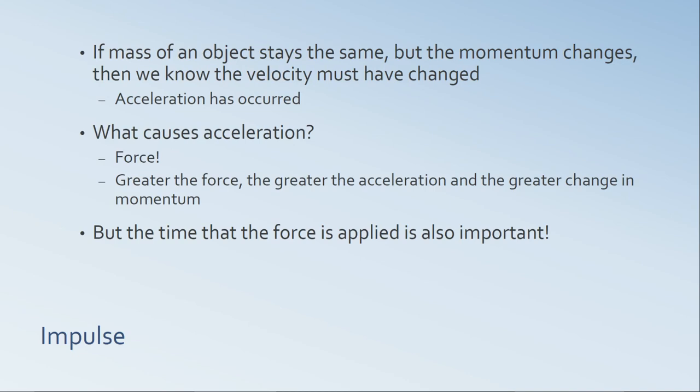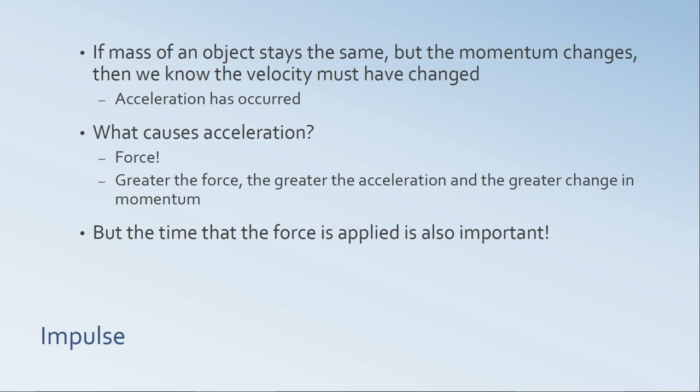So if we have an object and the mass of that object stays the same, but we notice the momentum changing, we know then that the velocity must have changed. It must have been accelerated. So acceleration has occurred. And remember, acceleration can be positive, it's moving faster, or acceleration can be negative, it can be decelerating, starting to move slower.